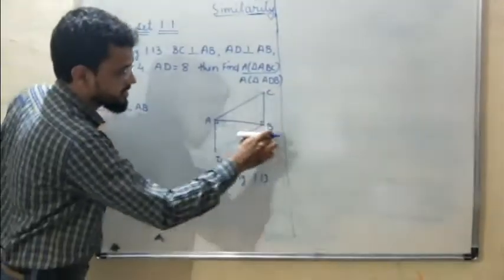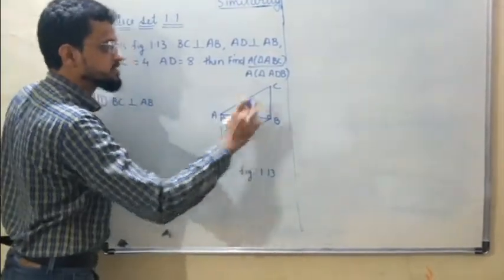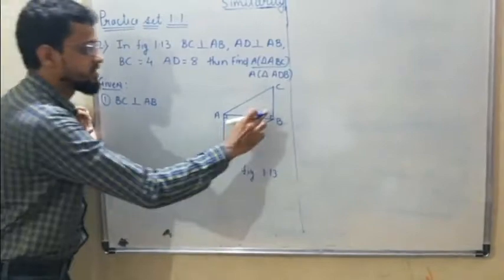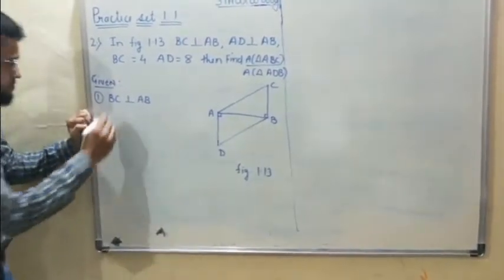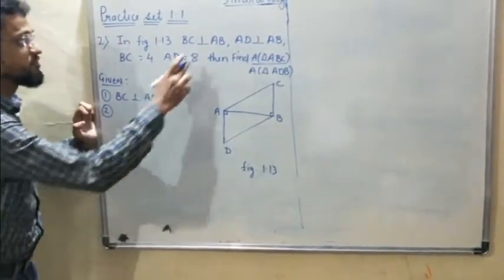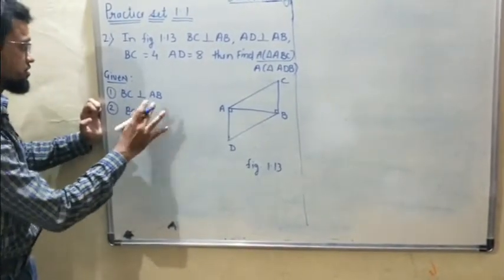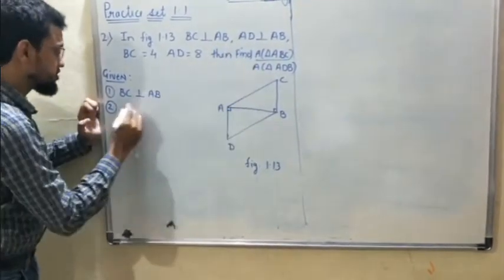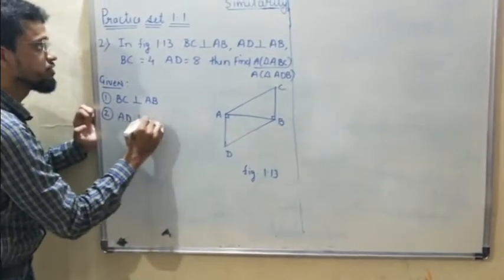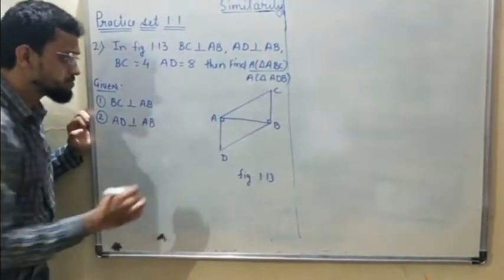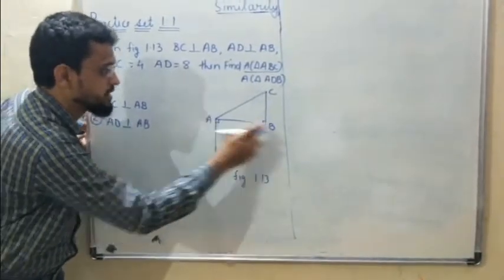So considering triangle ABC, if AB is the base, then BC will be the height, as they are perpendicular to each other. Second point given is AD is perpendicular to AB.